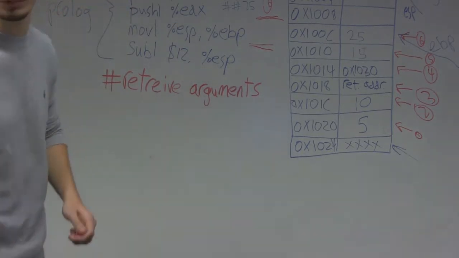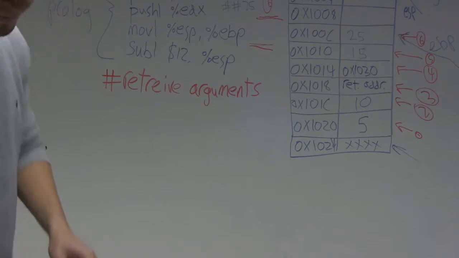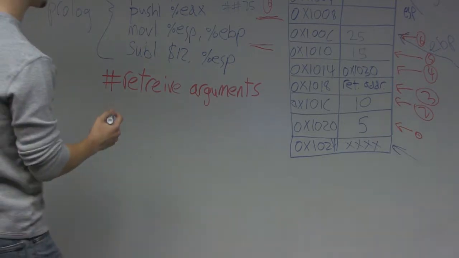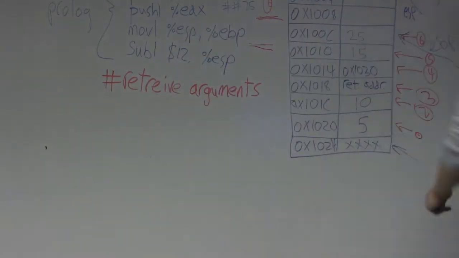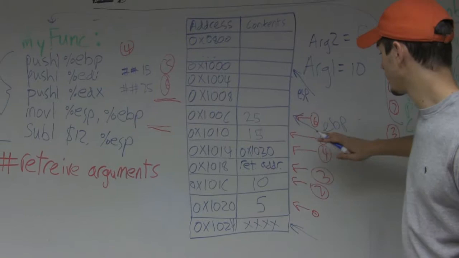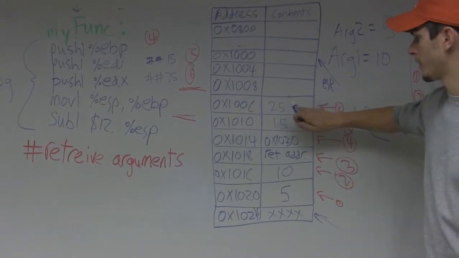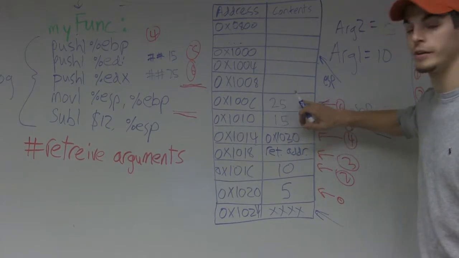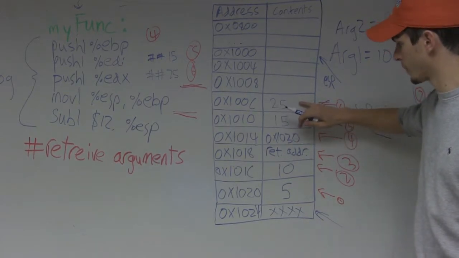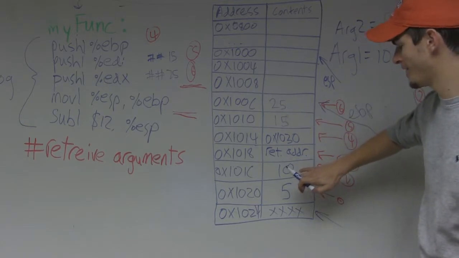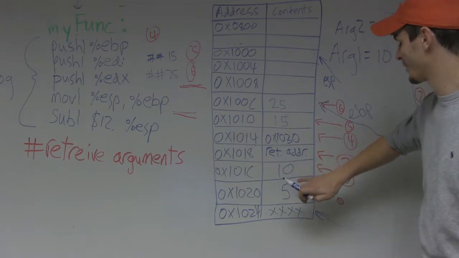So since we're adding an offset to our base pointer, which, if you recall, is now pointing at this location, 100C, all we need to do is find how many bytes offset from this location pointed to by the base pointer is our first argument and our second argument.